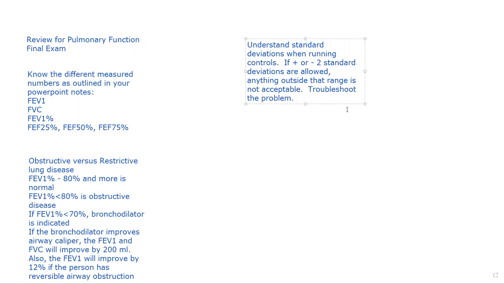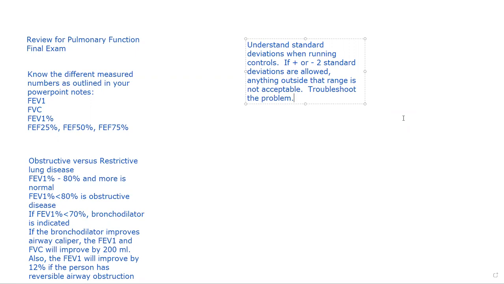So I wrote, understand standard deviations when running controls. If plus or minus 2 is the standard deviation that is allowed, anything outside that range is not acceptable. You would have to troubleshoot the machine to find out why it's not giving you plus or minus 2 standard deviations.